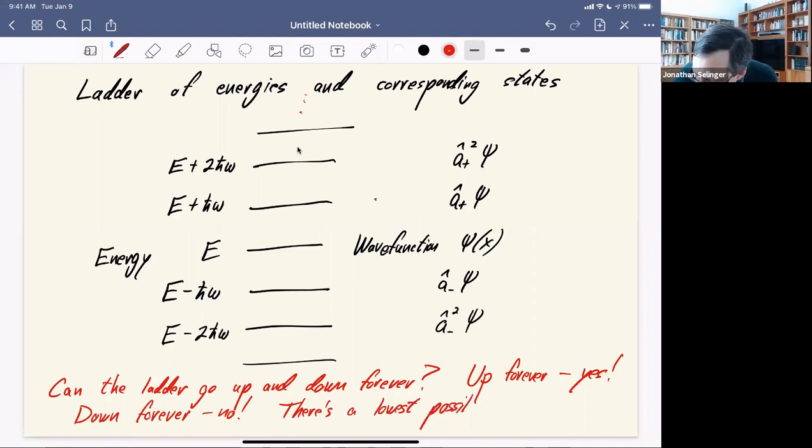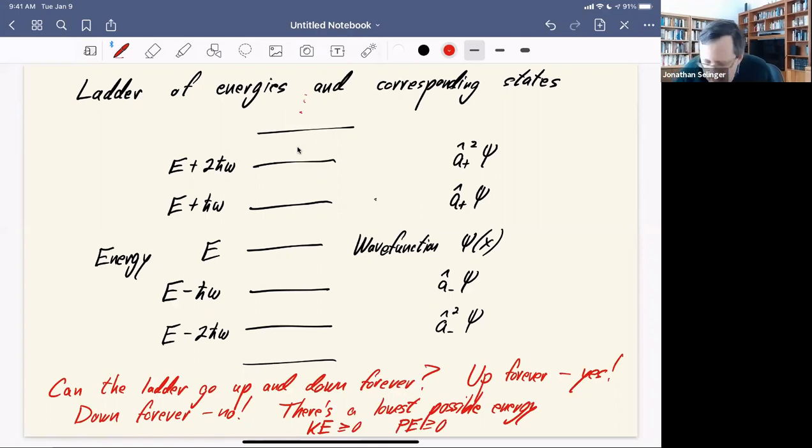One way to see that is that in a harmonic oscillator, the total energy is the sum of a potential energy and a kinetic energy. The kinetic energy is p squared over 2m. It's a square of something, so it has to be positive. So the kinetic energy has to be greater than or equal to 0. Likewise, the potential energy is 1/2 kx squared. That has to be positive also.